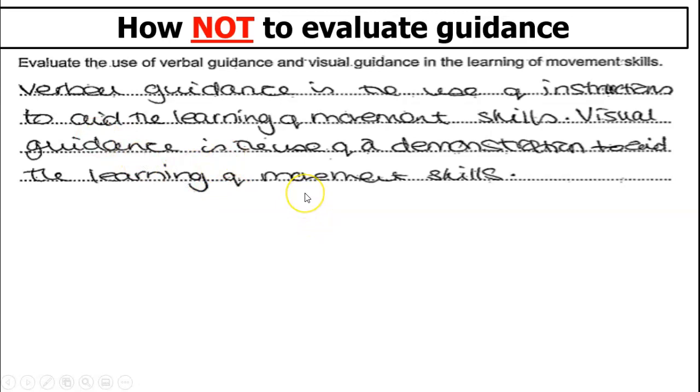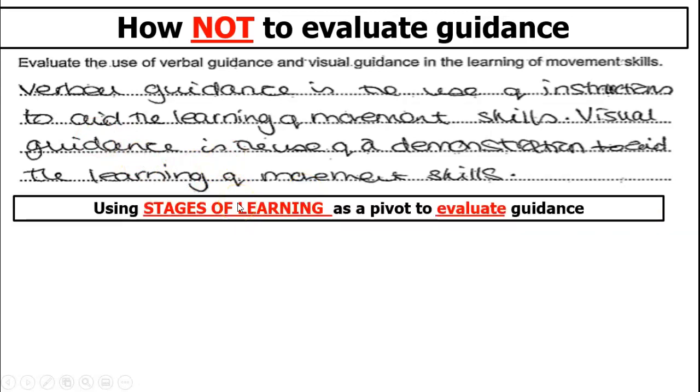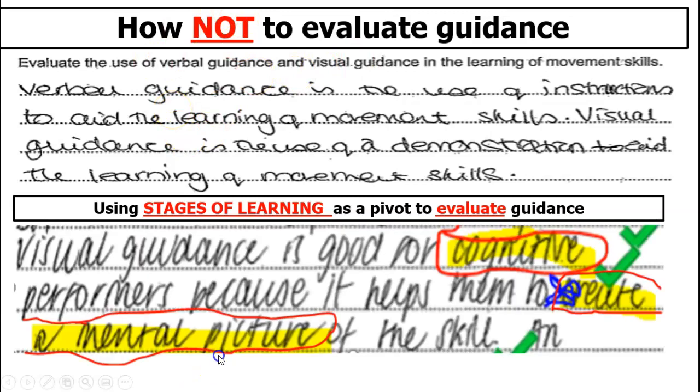So if I show you onto here how it should look, a model example of this, if you were going to do this effectively, I'm going to pick visual guidance. What we've just looked at is how you use stages of learning to evaluate visual guidance. So if you have a look at how this student has done it, on their first 3 lines they have put: visual guidance is good for, straight away, going into a strength, cognitive performers, 1 mark, because it helps them to create a mental picture, 2 marks.